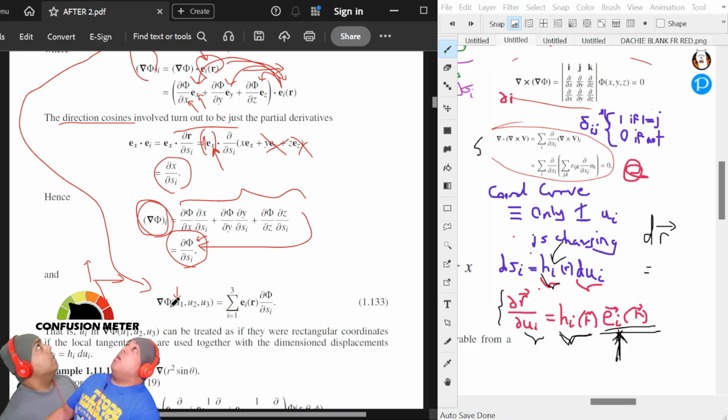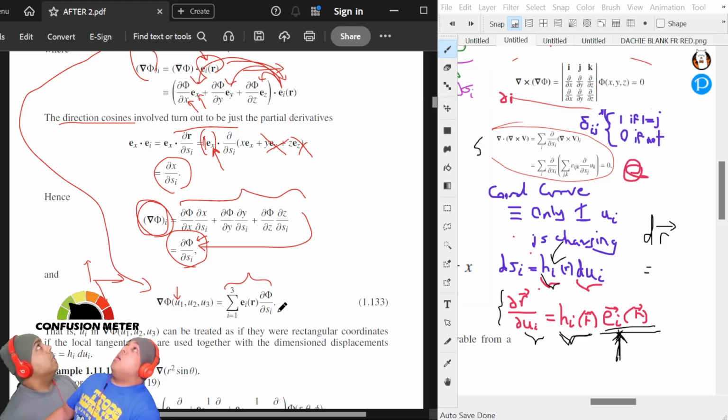Why are we relating it to rectangular coordinates again? In rectangular coordinates, the gradient of phi is what?